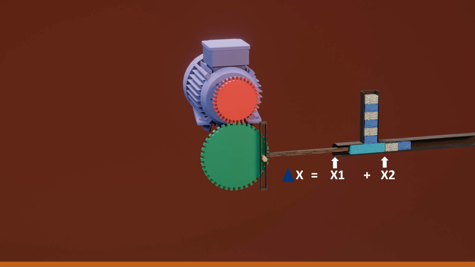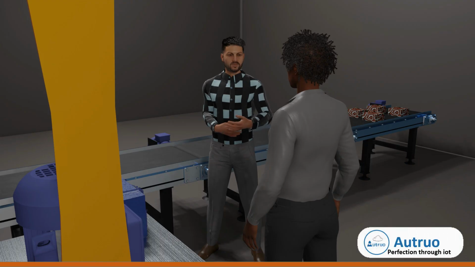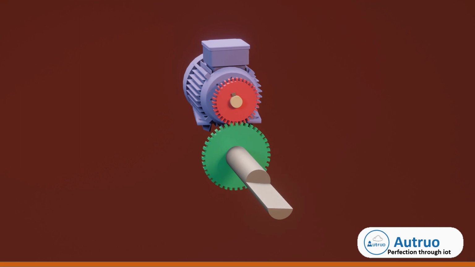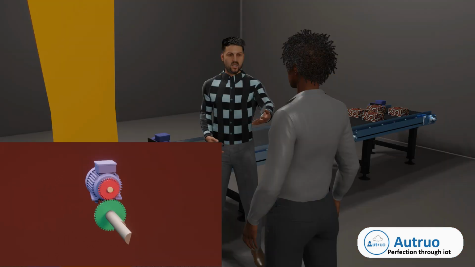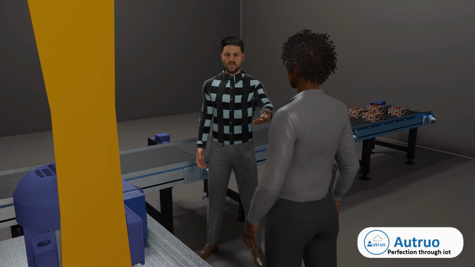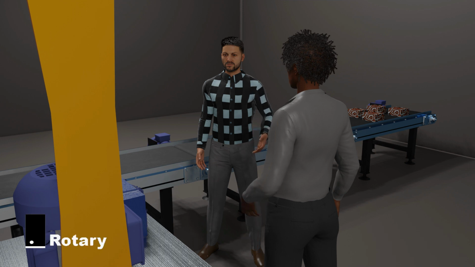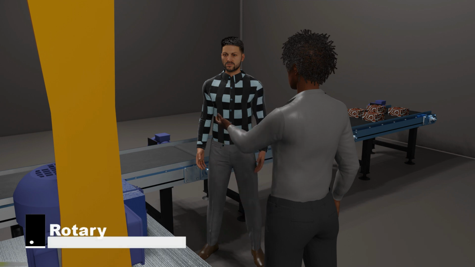Now, the next motion is rotary motion. Rotary motion can best be described as a motion that rotates around a fixed axis. This excludes the possibility of the axis changing its orientation. So, when the motion is rotary, and the axis of rotation is fixed, then that fulfills all the requirements of a rotary motion.